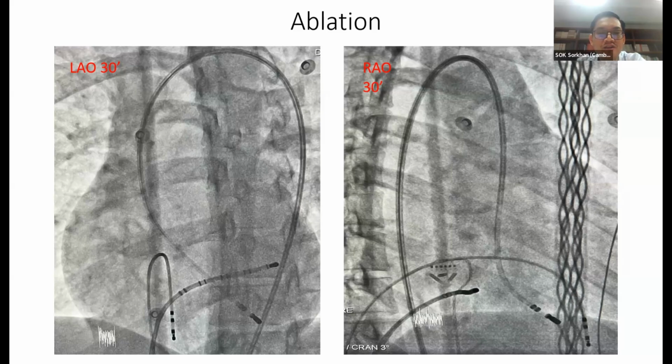So we changed the strategy and did it with the retrograde aortic approach. This time our catheter was more stable than before, but I don't know which is the best approach to ablate at the papillary muscle. In this case, with the bileaflet mitral prolapse, I can feel the retrograde aortic approach is more stable than the transseptal approach.